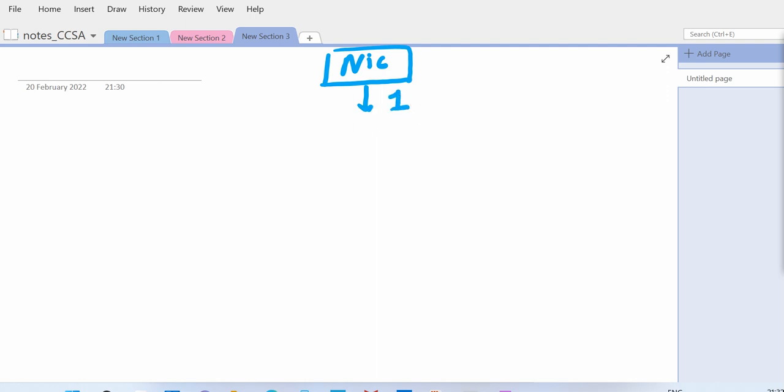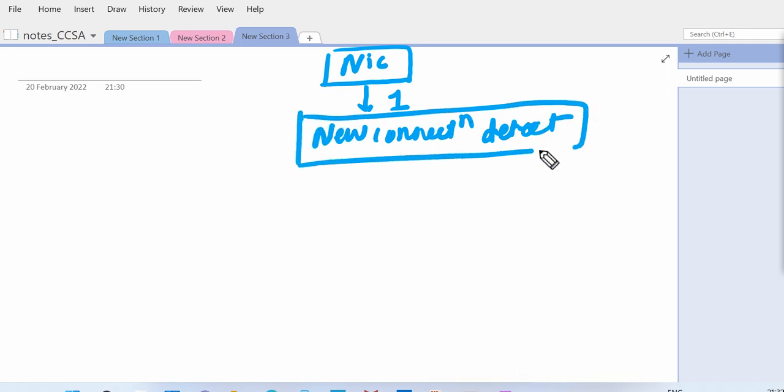This is step number one, where a new connection is detected. If we detect a new connection, then what happens?